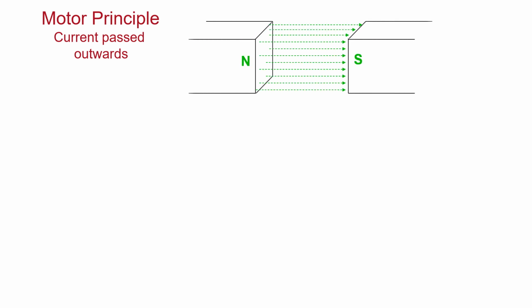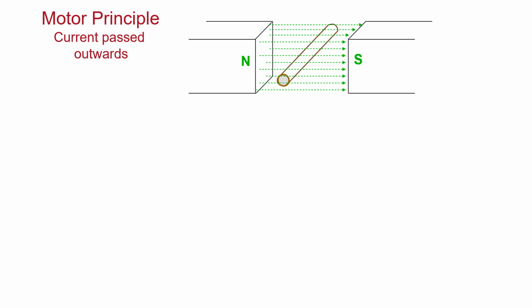We will speak about the motor principle in this slide for the case of a current passed in the conductor towards outside. We have the N and S poles between which the magnetic field lines are oriented towards right.